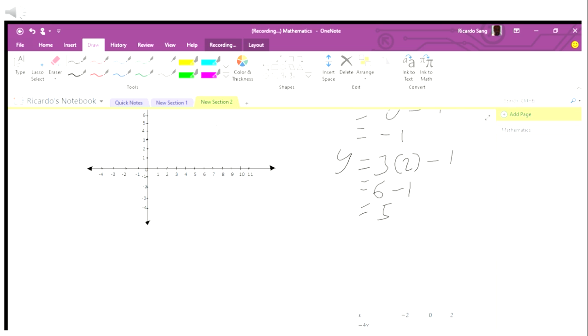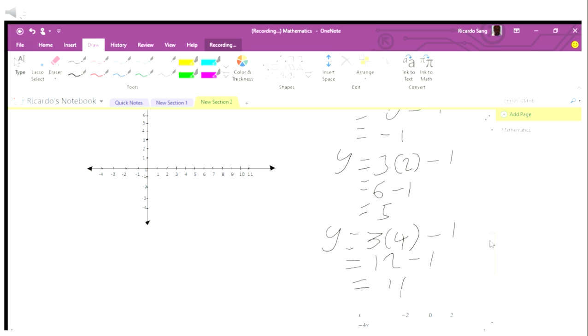So it's going to become y equals 3 open bracket 4 minus 1. So that would be 3 4s are 12, equal 12 minus 1, which is equal to 11.